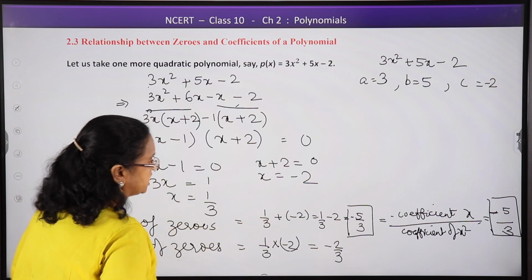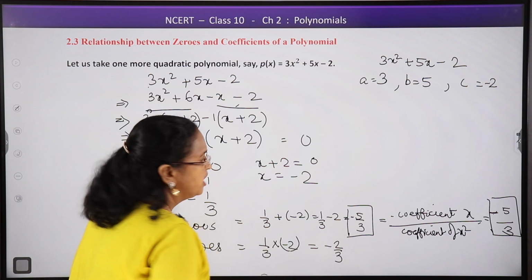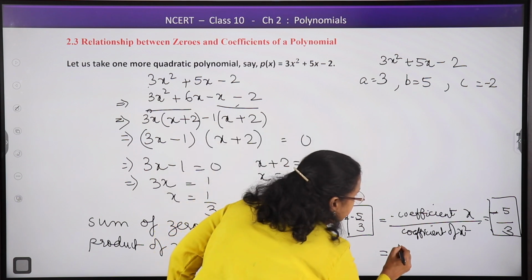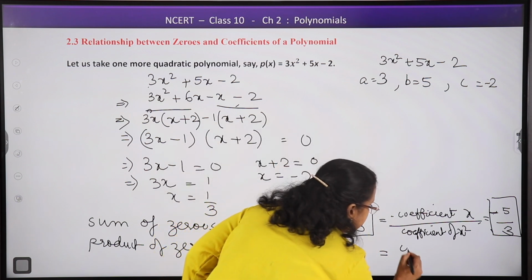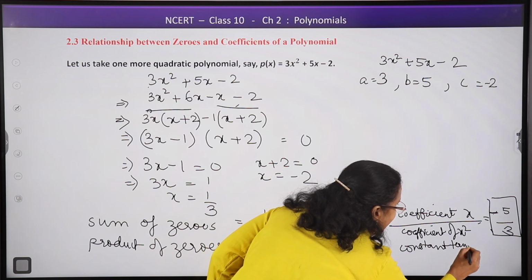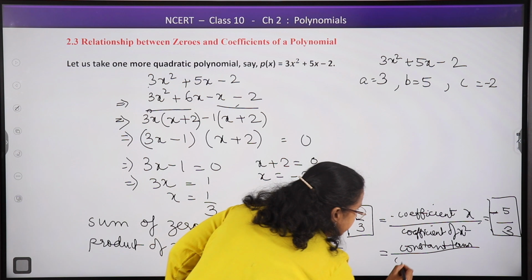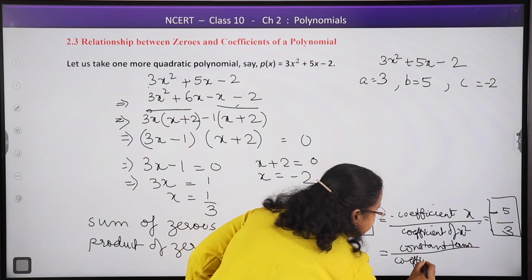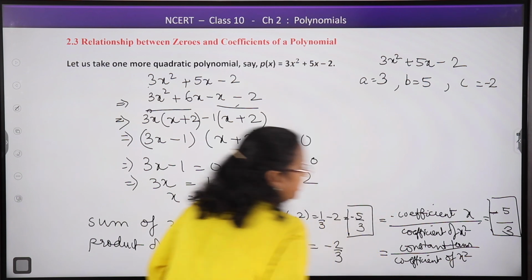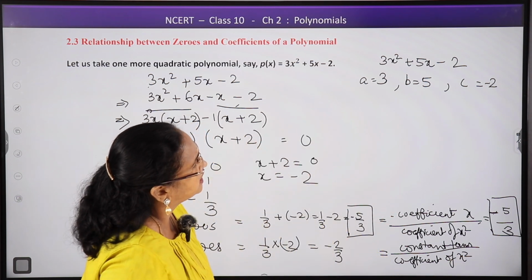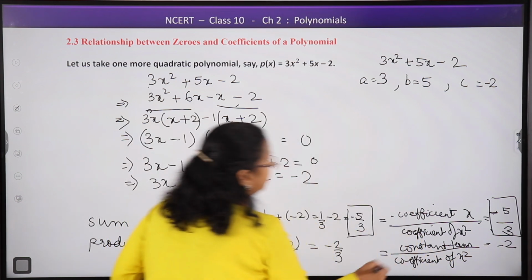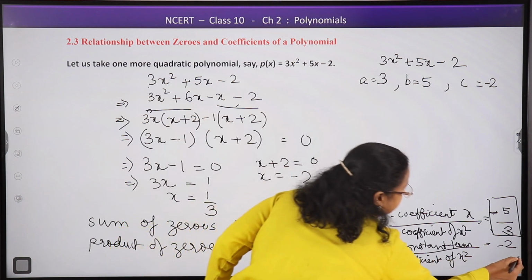Now, the product of the zeros is minus 2 by 3. For the product of zeros, what was the formula for coefficients? Correct. Constant term by coefficient of x square. What is the constant term, children? There, minus 2. And coefficient of x square, 3.